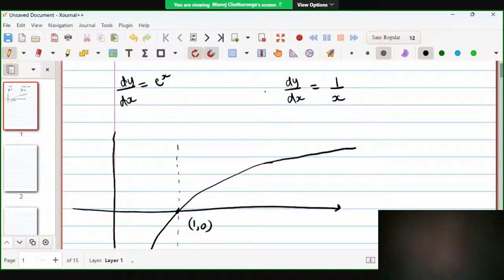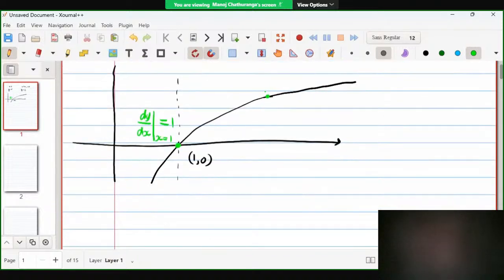At this special point, at (1, 0), the derivative is 1. Slope of the tangent line is 1. But as we move forward, slope decreases. So the graph becomes more and more flat.